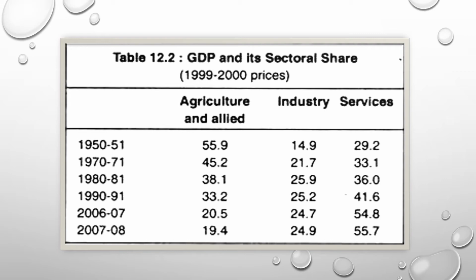But after that you can see the total contribution scenario has changed. Here you can see 2006-7, agricultural sector contribution reduced and the industrial sector and service sector contribution increased.